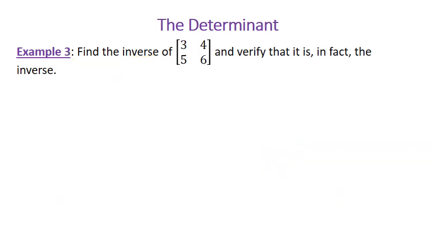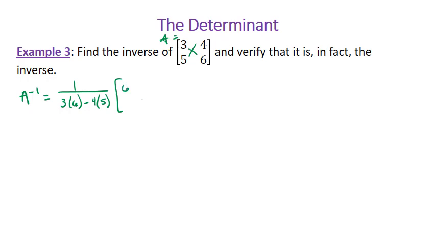Go ahead and try this one on your own. So when you solved this to find the inverse, call this matrix A. So A inverse is 1 over the determinant, remember, is 3 times 6 minus 4 times 5, times the new and improved matrix.